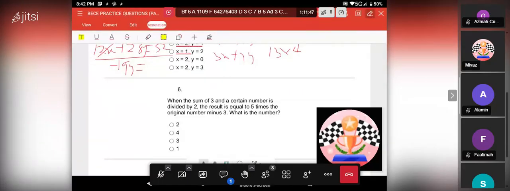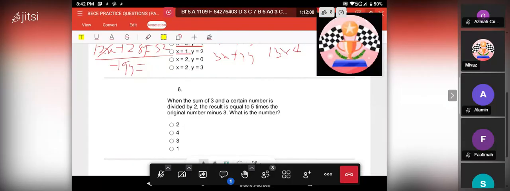When the sum of 3 and a certain number is divided by 2, the result is equal to 5 times the original number minus 3. What is the number? This is what we call a word problem. Let the number be x.